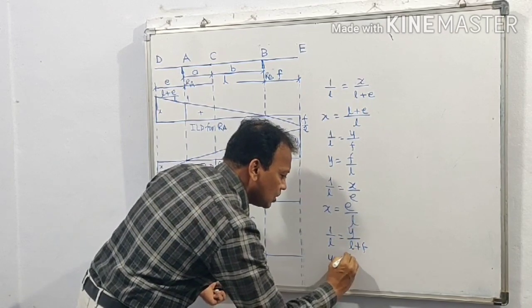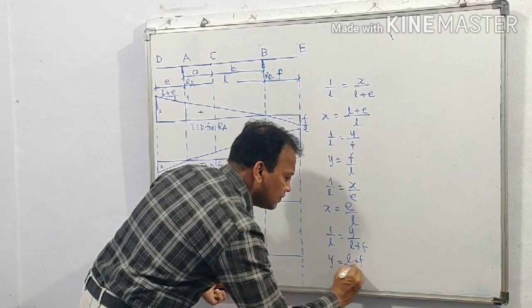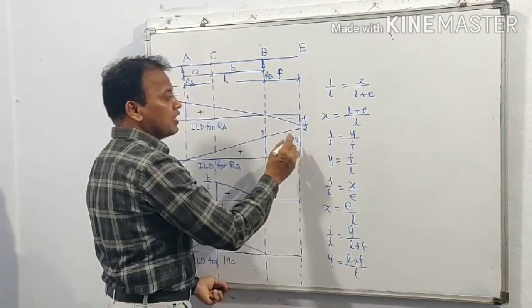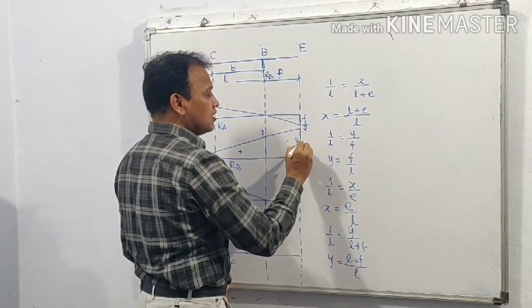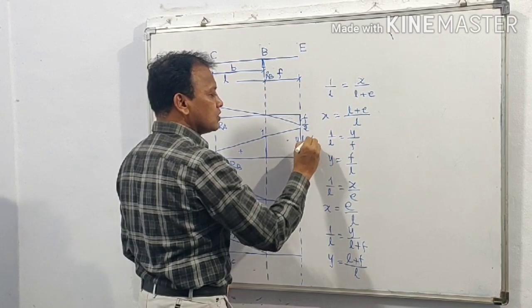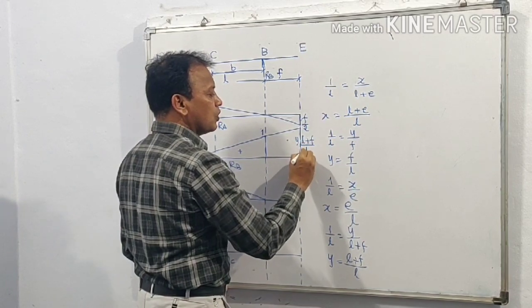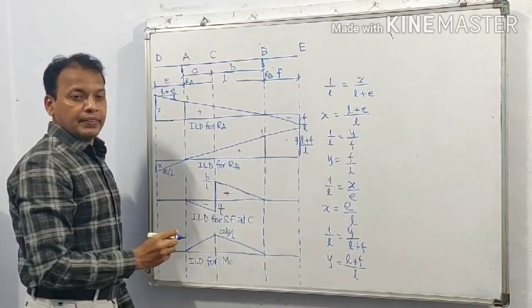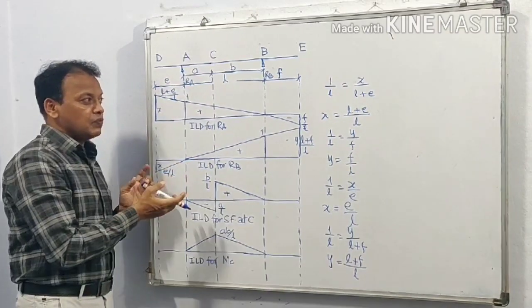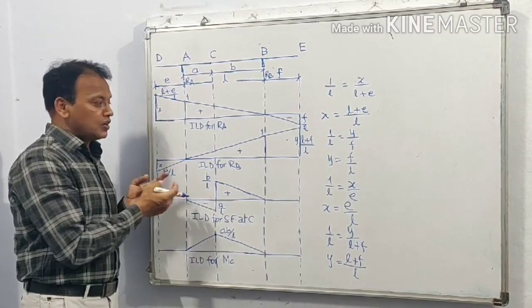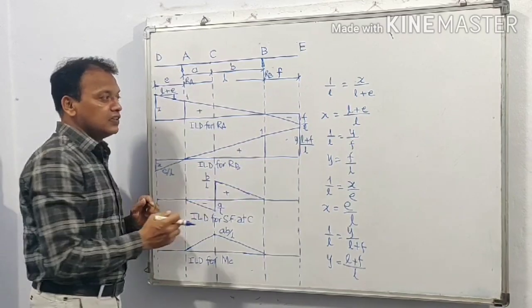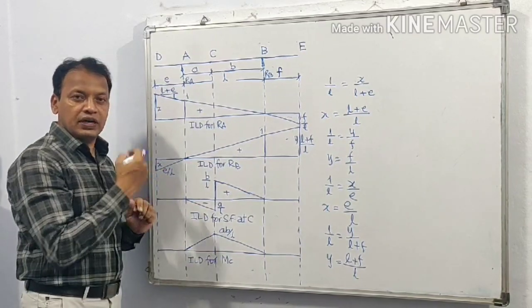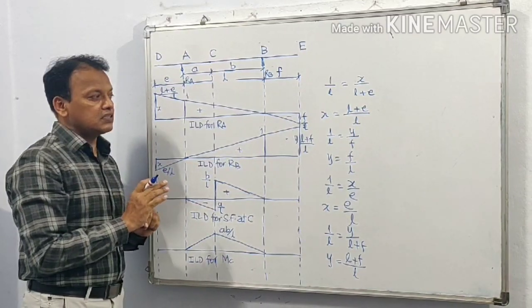Therefore y is equal to (L plus F) upon L. So we are getting this ordinate (L plus F) upon L. Again you can verify whether the ordinates at D and E that we have calculated right now and calculated earlier are the same or not.